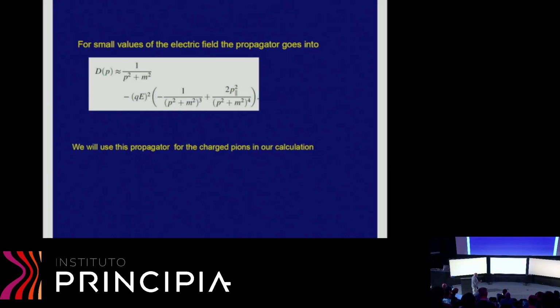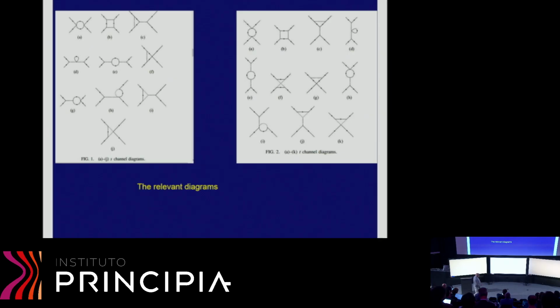Now, these are the diagrams we computed, in the S channel and in the T channel. The dashed lines denote the propagators for sigma fields, and the continuous lines are the propagators for charged pions. These are not fermions, and there are no fermions in this game.